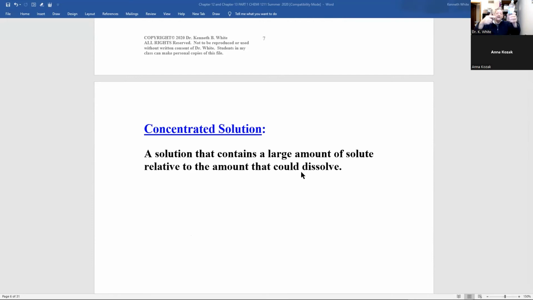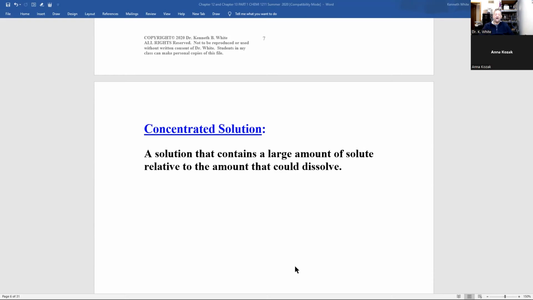And if I put in 200 grams, not enough to make a saturated solution, but since I have 200 grams, which is pretty close to the total amount that could dissolve, this would be called a concentrated solution.